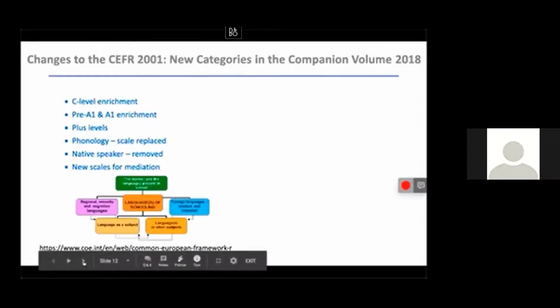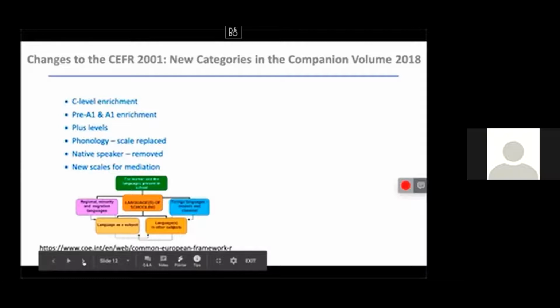You can access all this by accessing this webpage in the Council of Europe, which contains what is referred to as a toolkit for the platform for learning languages. And as you will see in this diagram, at the center, you have the languages of schooling.